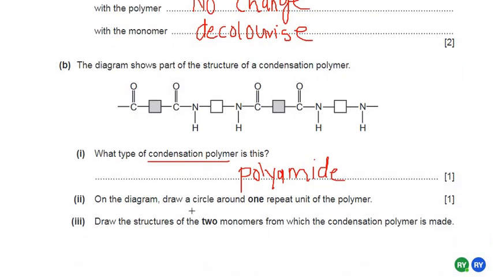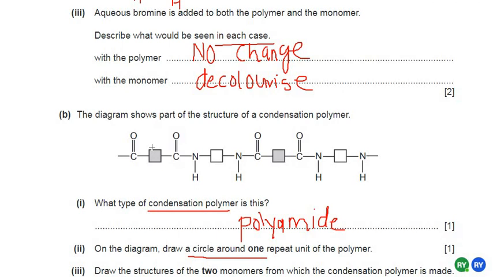Again in the same question they are asking, draw a circle around one repeat unit of the polymer. This condensation polymer is made up of dicarboxylic acid and diamine, so you must include 2 CO groups, carbonyl group CO. The repeating unit will start from here, CO. I am going to take this colored box, then again CO, then an NH, then this empty box, and then again one NH.